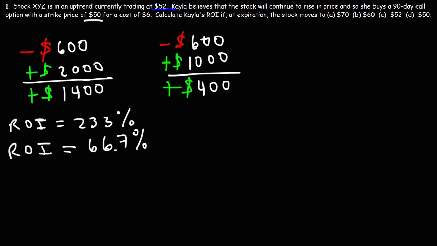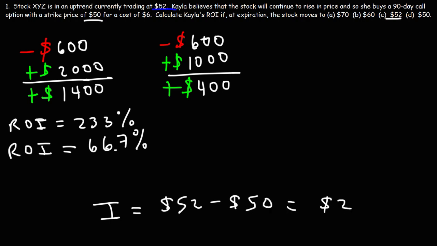Now for part C, the price of the stock didn't move. So the intrinsic value is going to be the share price, which is $52, minus the strike price of 50. So the value of the call option will be worth only $2. So in this case, she paid $600, but the value of her call option is only worth $200 at expiration.